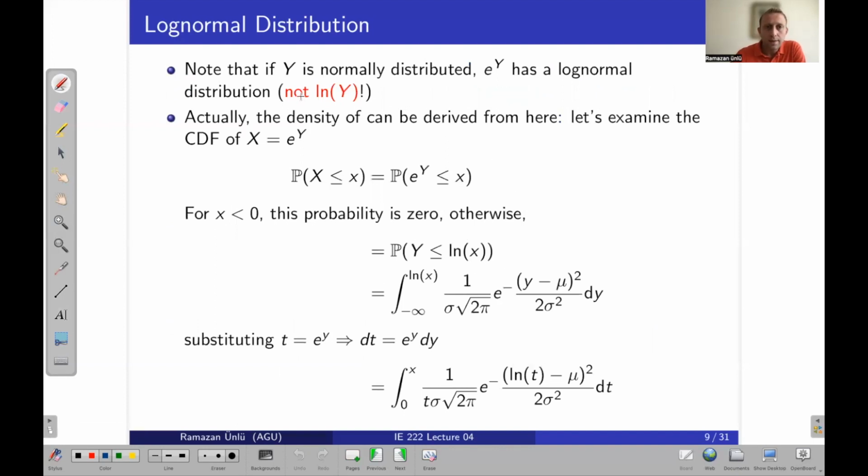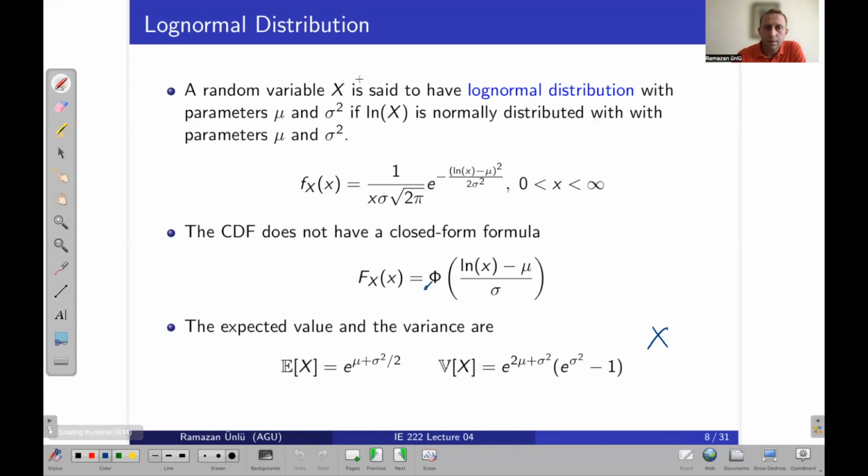So note that if y is normally distributed, e to the y has a log normal distribution, not ln of y. Remember that we said that the ln of x should be normally distributed.